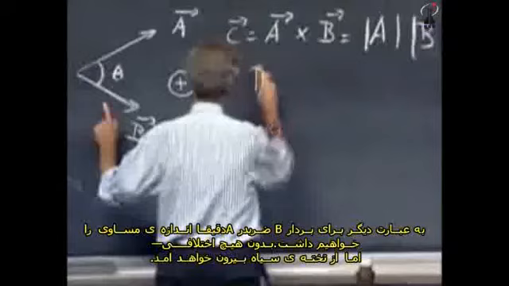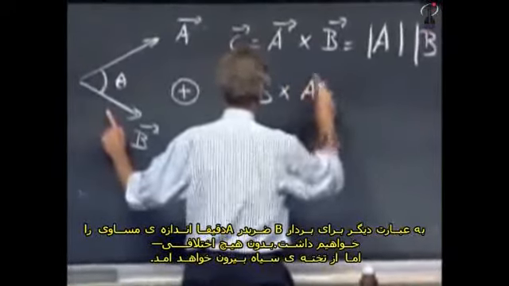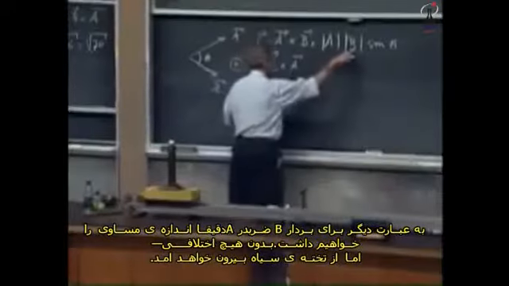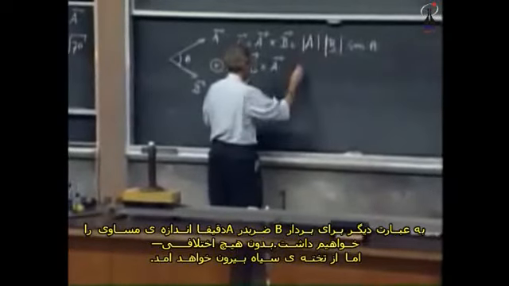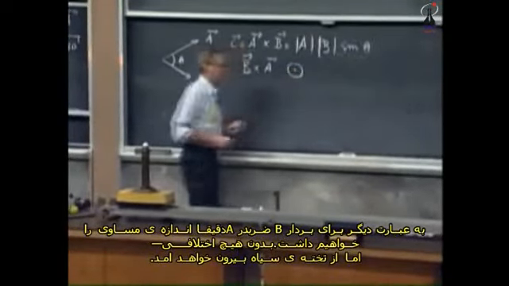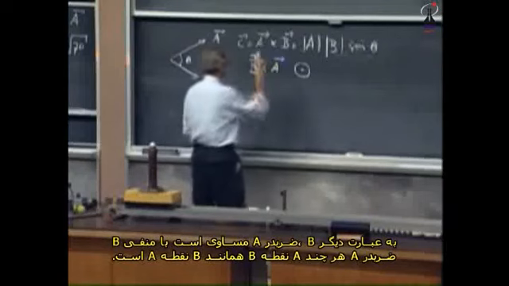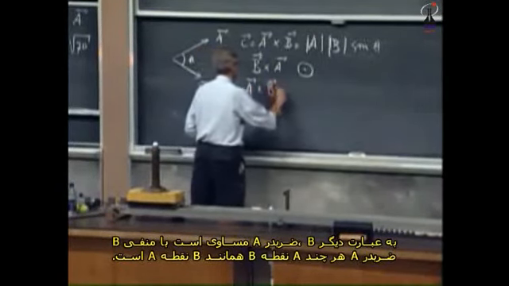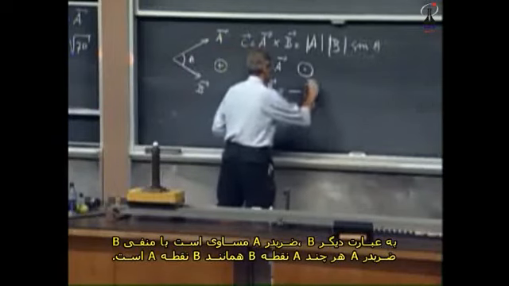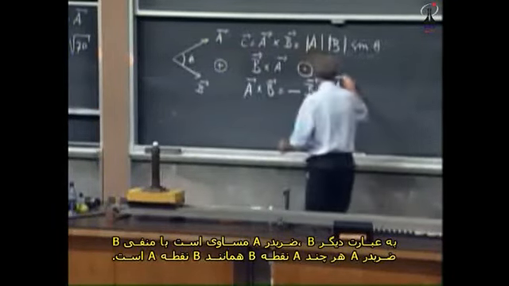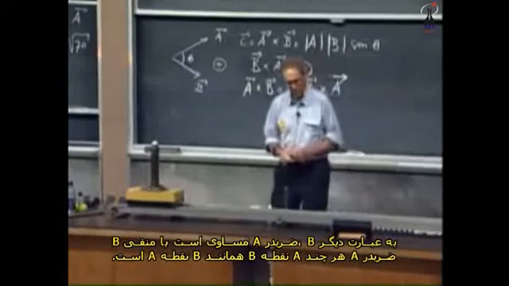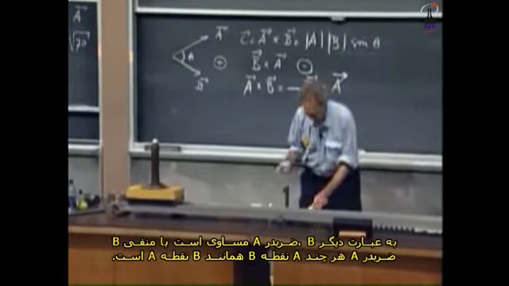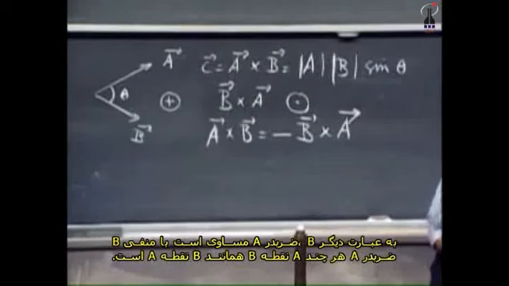In other words, for this vector, B cross A would have exactly the same magnitude, no difference, but it would be coming out of the blackboard. In other words, A cross B equals minus B cross A. Whereas A dot B is the same as B dot A.